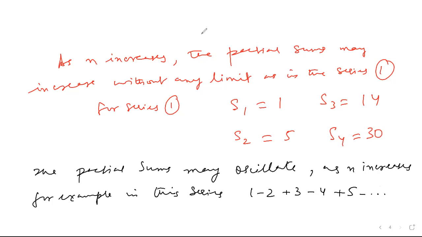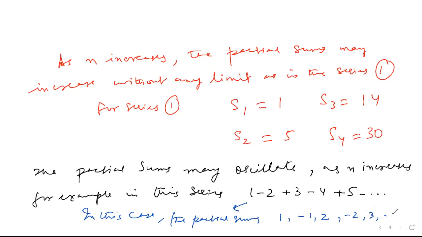In this particular series, the partial sums are 1, minus 1, 2, minus 2, 3, and so on. First S1 is 1, S2 is 1 minus 2, which is minus 1.